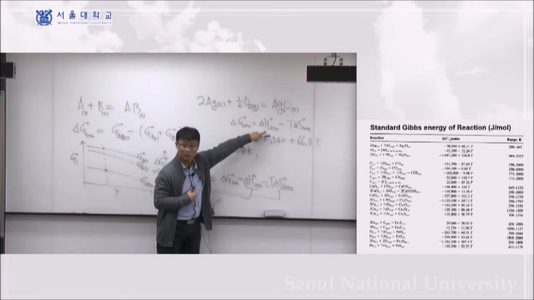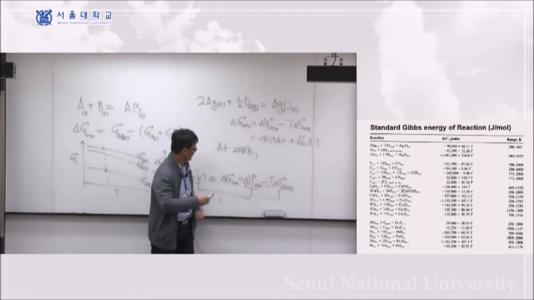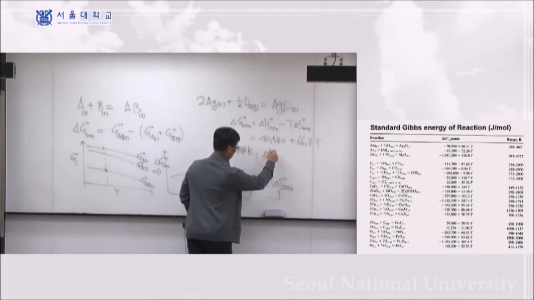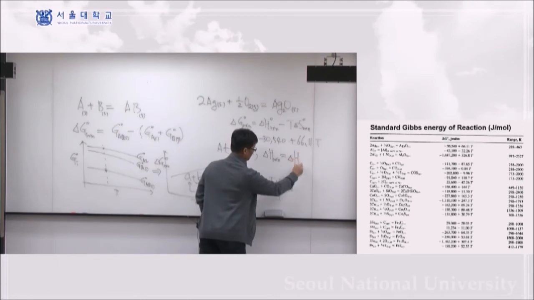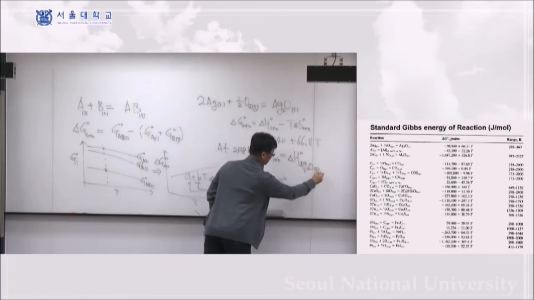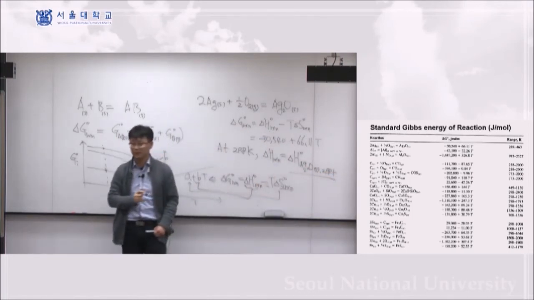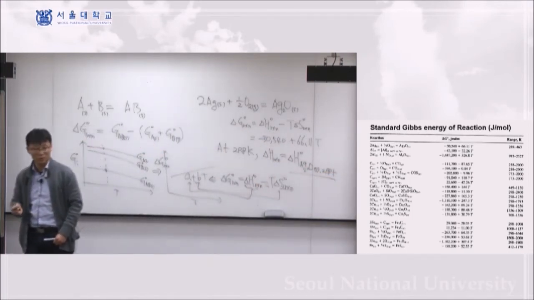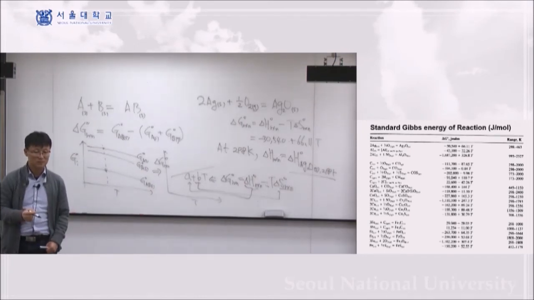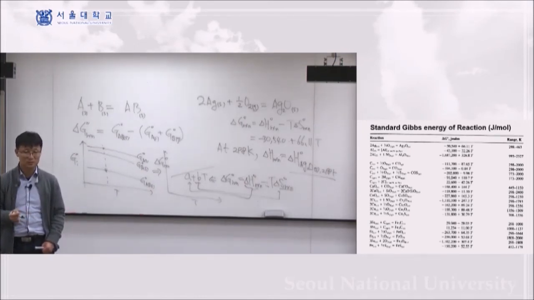So delta H of reaction is actually the same as delta H of Ag2O solid at 298 Kelvin, the standard enthalpy of formation of Ag2O. Is it okay?